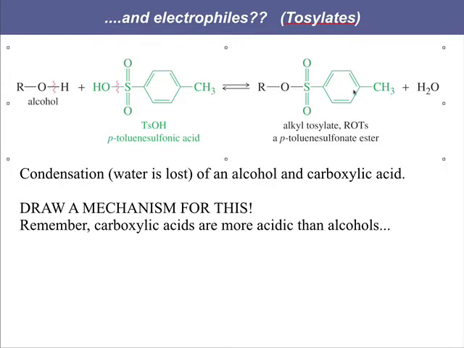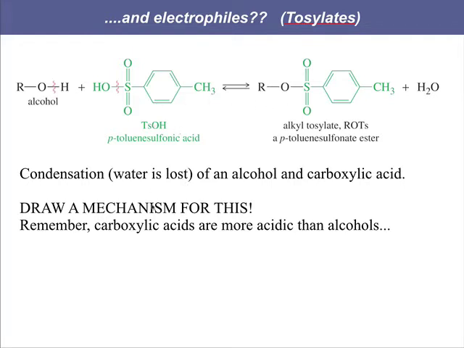I'm going to show you in a minute on the next slide what we can do with tosylates. We're going to use them as electrophiles. I'm going to show you how and why. So this is called a condensation reaction because these two things come together and you get water as a byproduct. Try drawing a mechanism for this. It's kind of a fun mechanism to try to figure out.